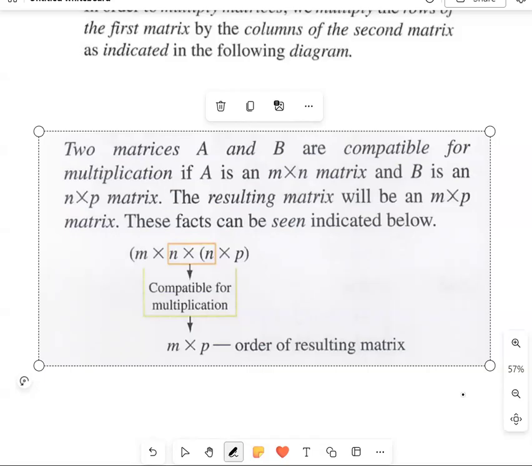As an example with some letters, let me show that up here.